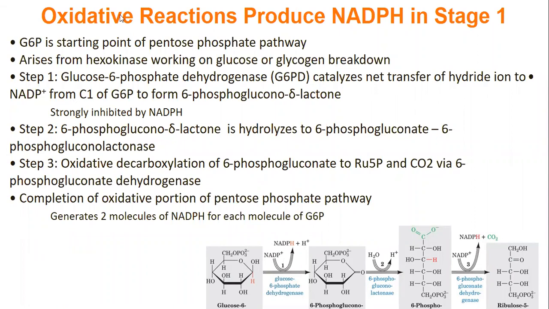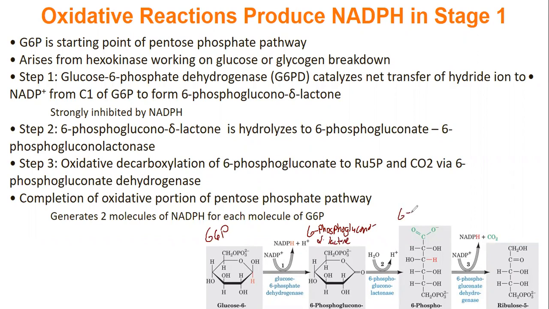So it's broken down into 3 different stages. And let me do some rewriting here for what's cut off at the bottom. They're just molecule names. So we have glucose 6-phosphate. This is 6-phosphoglucono delta lactone.